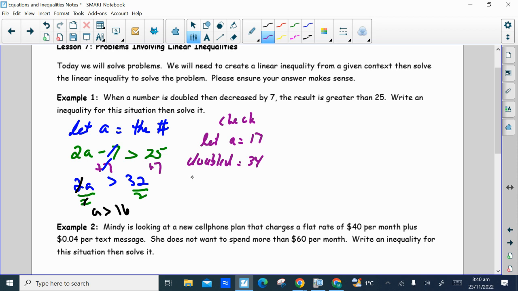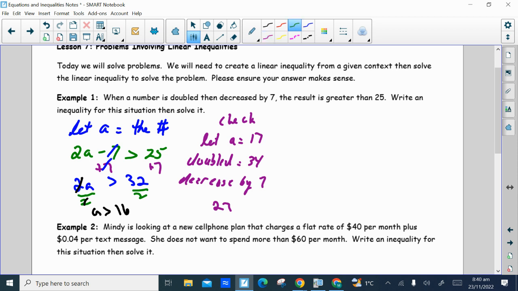And then we decrease by 7. 34 take away 7 is 27. And that is greater than 25, so that checks. We chose a number greater than 16, so we chose 17. And we doubled it, decreased by 7, and the result is greater than 25.